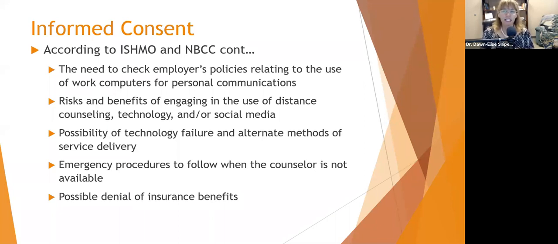You need to discuss the possibility of technology failure and alternate methods of service delivery. If your internet goes out, it's a bad thunderstorm and the internet goes out, and you have a therapy appointment with John Doe at 1 o'clock. What do you do? Well, typically the telephone is a really good backup.